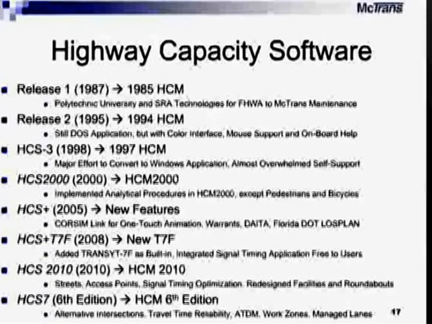And they said, okay, we want you to sell it, we want you to fix the bugs, and we want you to provide technical support, and we want you to make it better. And so we've done that for going on 30 years now. Release 2 came out, and while we were updating the procedures for the 94 update to the manual, we accommodated things like the color interface.